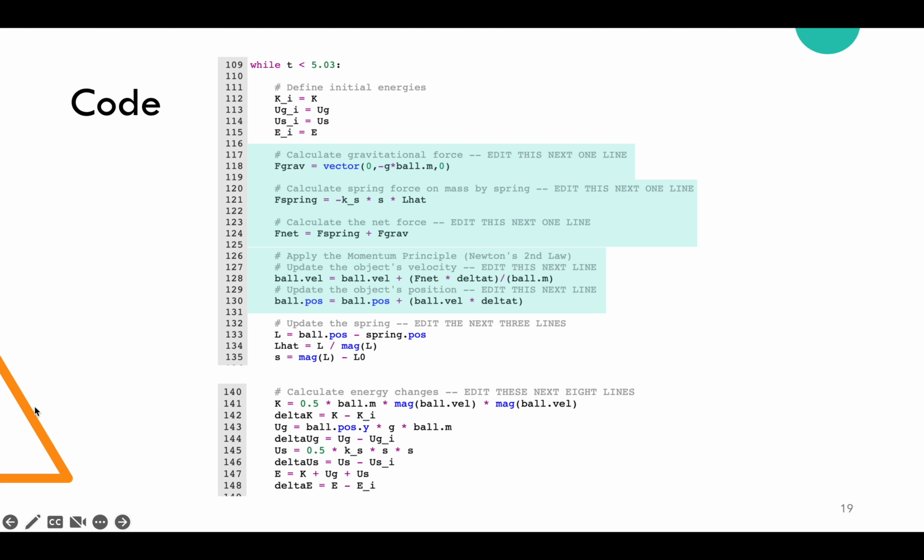And then I used the velocity and position update formulas, and I once again imported the L and L hat and s formulas from the last page of code. And then here, these are the formulas for kinetic, potential gravitational, potential spring energy, and total energy. Once again, just updated for the second section of the while loop.